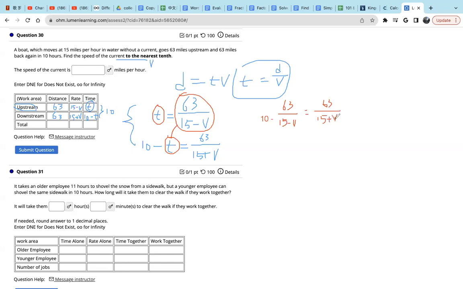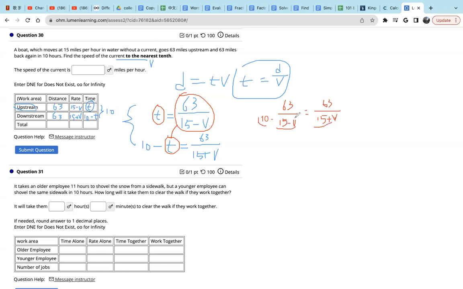So I see the least common multiple is just the two conjugates of a difference of two squares. I have three terms: I have 10, I have this term, I have this term.